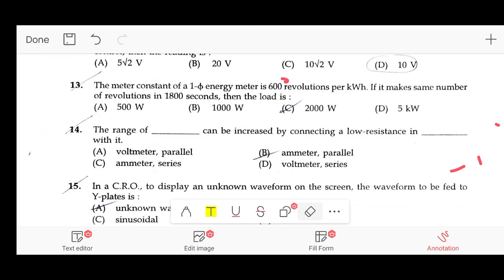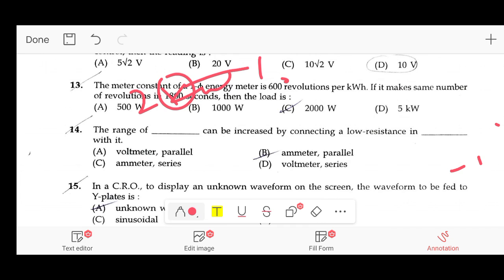Options given are 500 watt, 1000 watt, 2000 watt, 5 kilowatt. The answer we got is 2 kilowatt. Kilo means 10 to the power of 3, which means 3 zeros. So 2 with 3 zeros, 2000 watt is the answer.